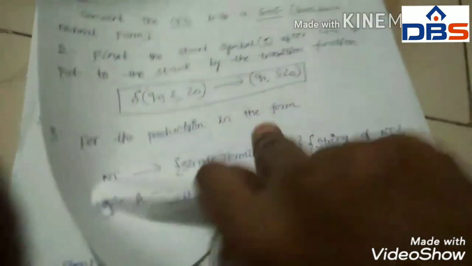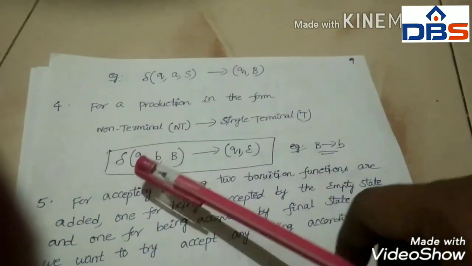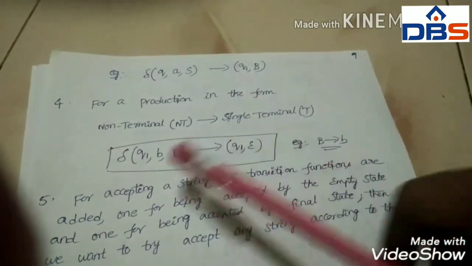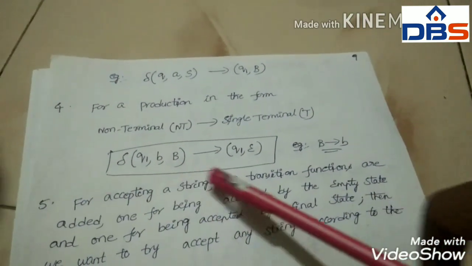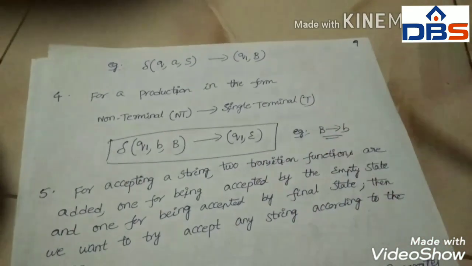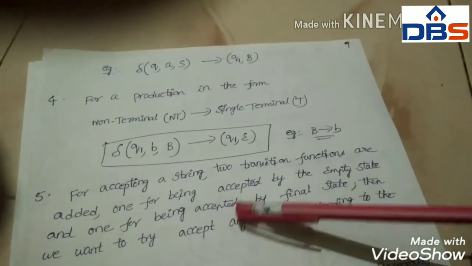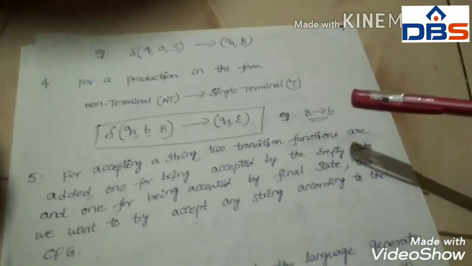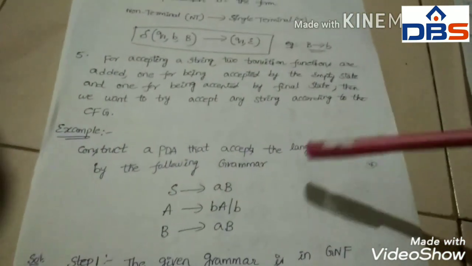Next, for a production in the form non-terminal tends to single terminal, delta of q1, b, B tends to q1, epsilon, meaning B tends to small b. For accepting, these two transition functions: the first accepted by empty stack, the next accepted by final state. This is the process to convert the CFG.